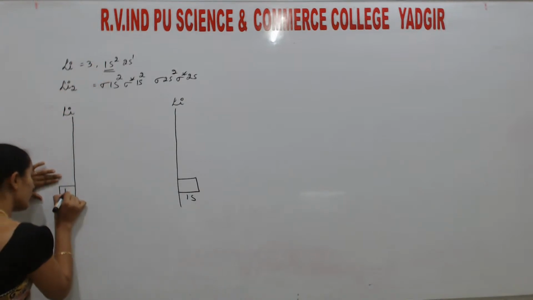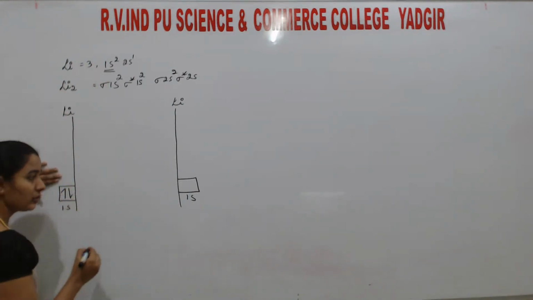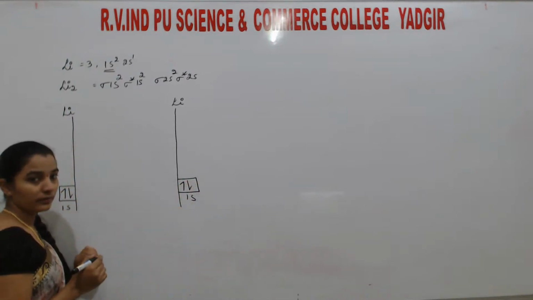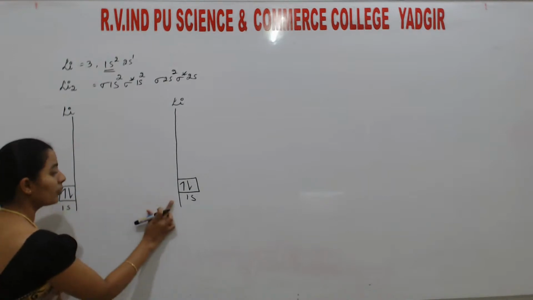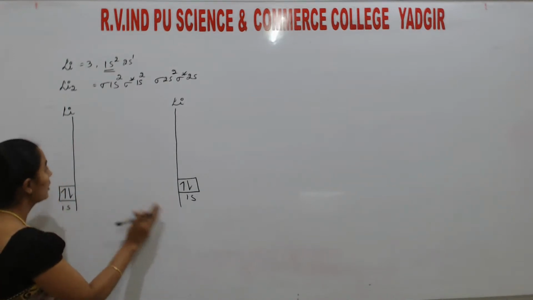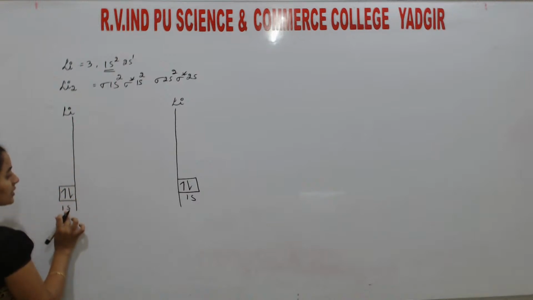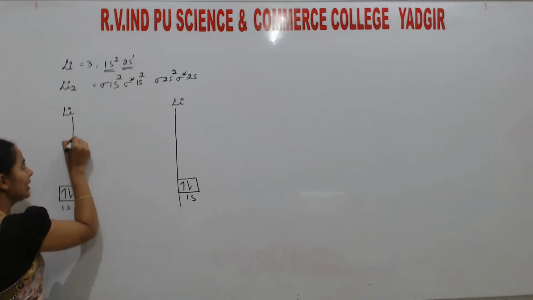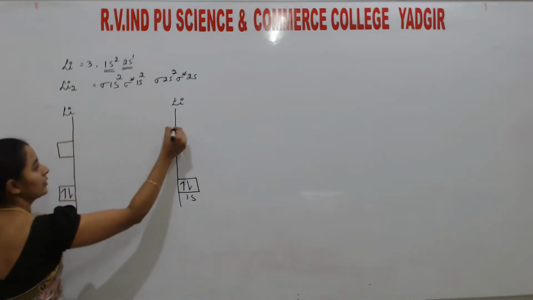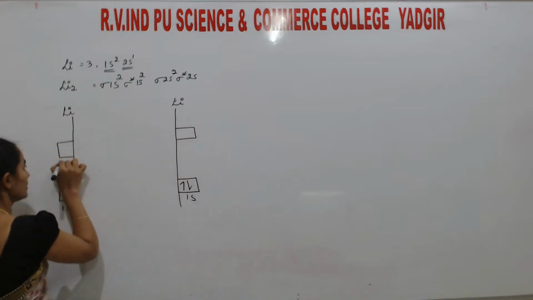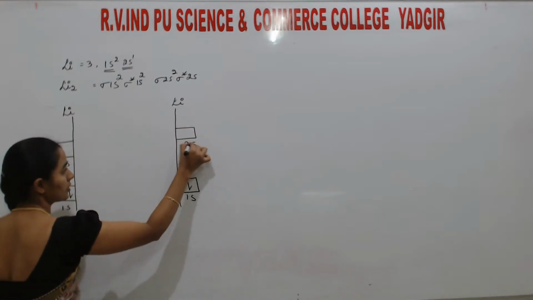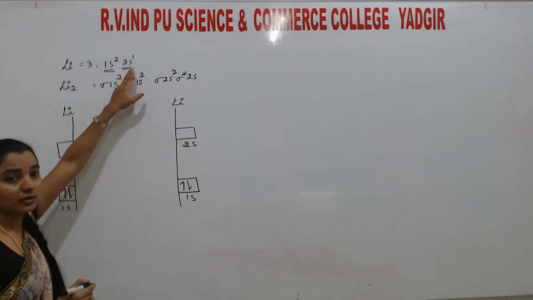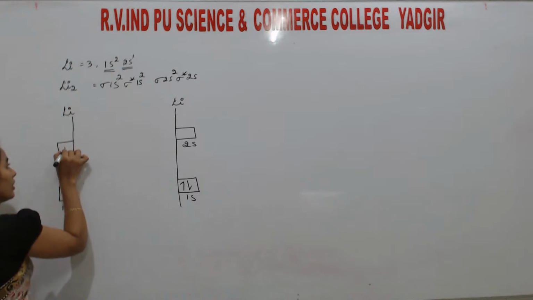One lithium has this electron, and the other lithium also has this electron. Next, the 2s orbital is slightly greater in energy. The 2s orbital holds 1 electron, so write 1 electron here.